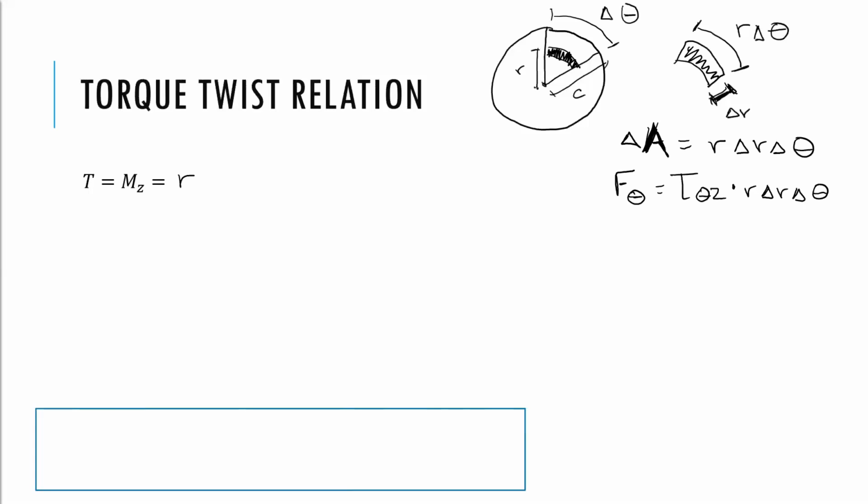So your moment arm is R. The force is what we just computed, tau theta z, R delta theta. So we can rewrite this as tau theta z, r squared delta r delta theta.